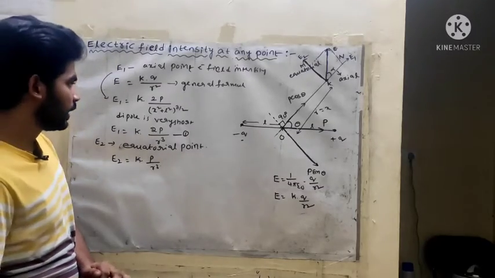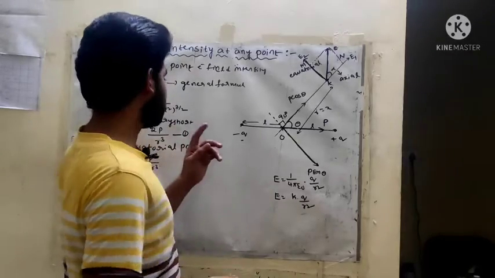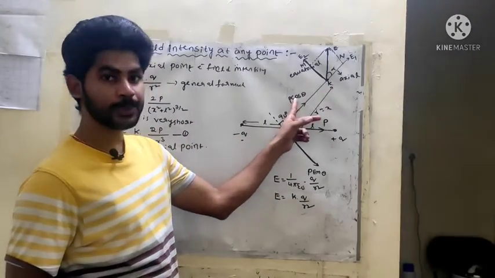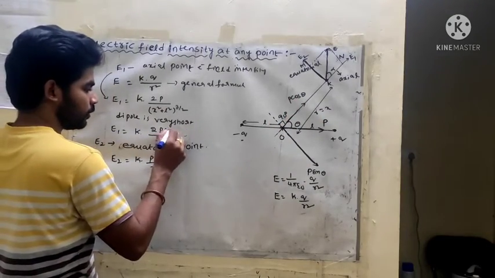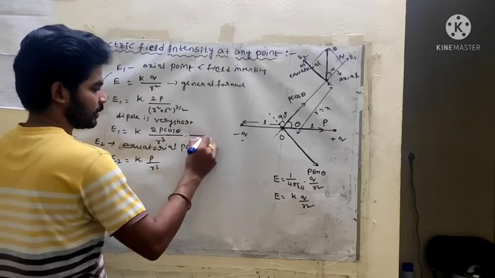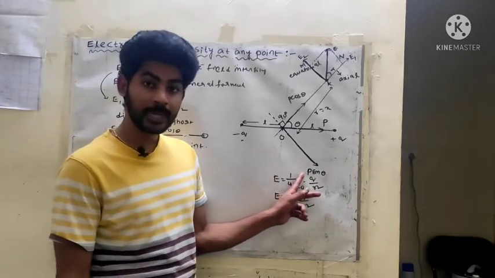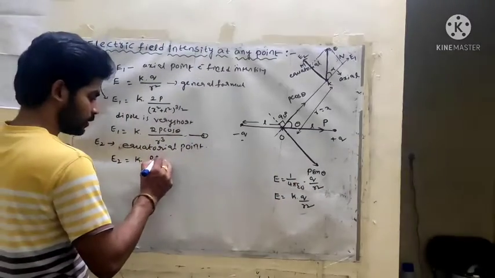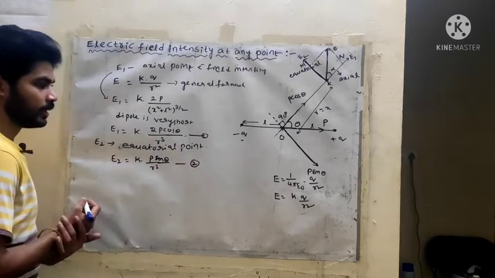But actually this p I am changing. At the axial point the p value is p cos theta, this is equation 1. At the equatorial point, the dipole is divided into components, so p is p sin theta. So equation 1 and 2.